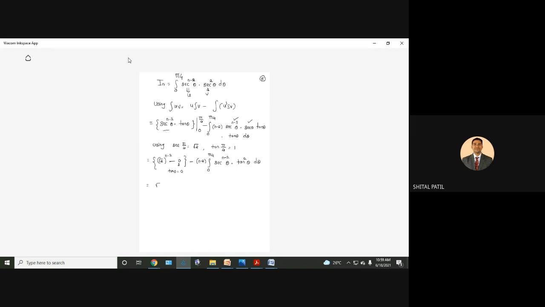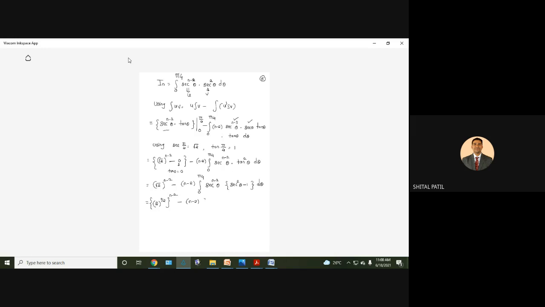So root 2 raised to n minus 2 minus of n minus 2 integration from 0 to pi by 4 sec raised to n minus 2 theta. Okay, then what is tan square theta? Sec square theta minus 1 d theta. Simplify this. Root 2 is 2 raised to half, right? Raised to n minus 2. I'll simplify that in the next step.